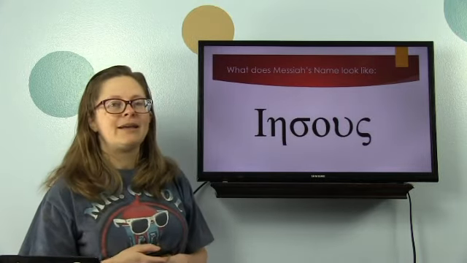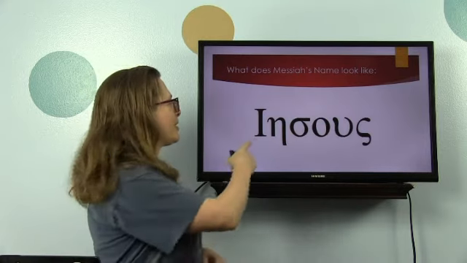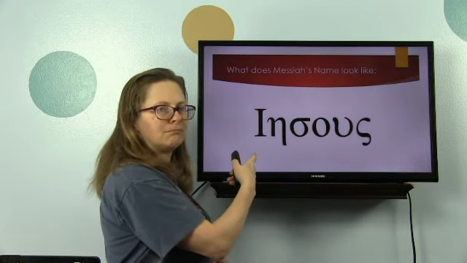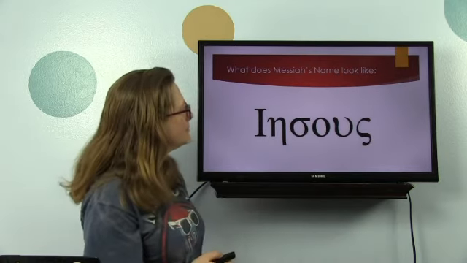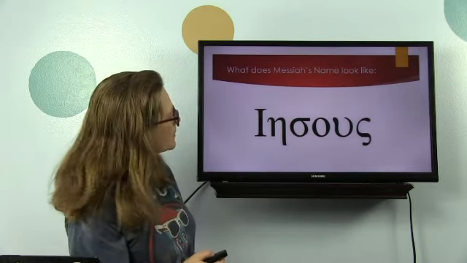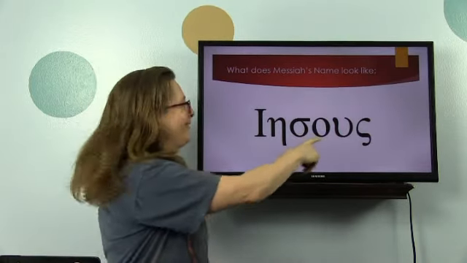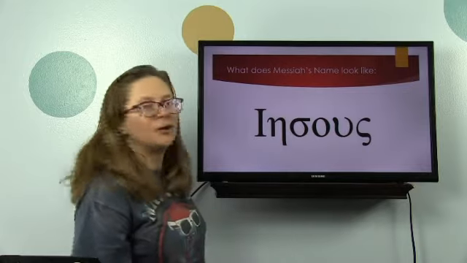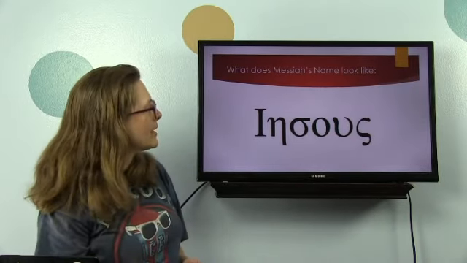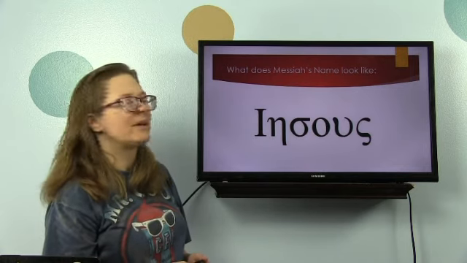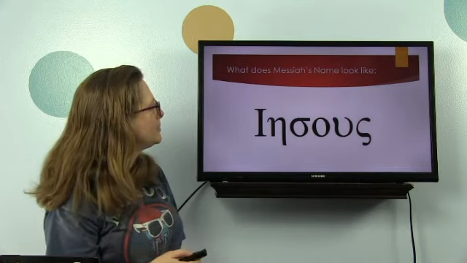Okay, so what does Messiah's name look like in Greek? And you're going, yikes, well, some of those letters kind of look like English, right? I mean, that's an I, right? That's an N, right? That's an O wearing a visor. No, that's an O. That looks kind of like a U or a V, and that looks like an S that just had a lot of trouble getting out of bed this morning. I was feeling that way myself.